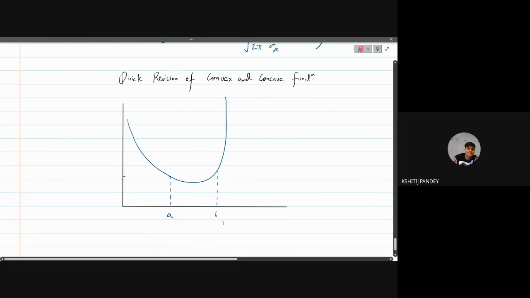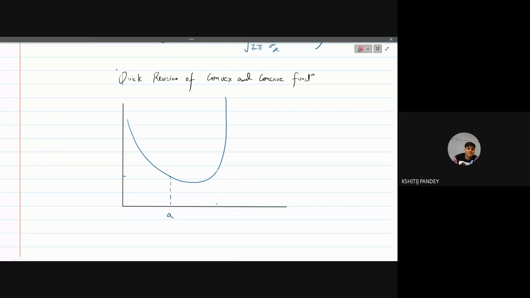So this is the point B for us. Function's value at point B, function's value at point A. Now the linear interpolation of the 2 points is this.